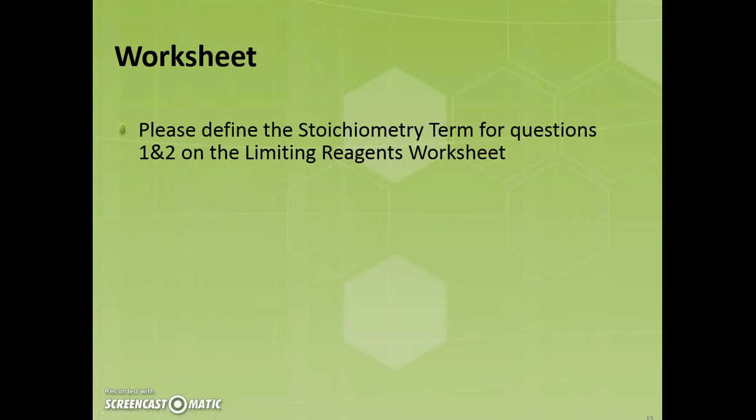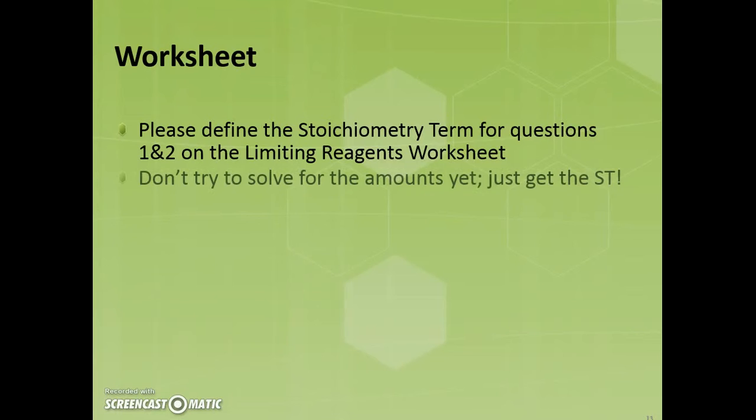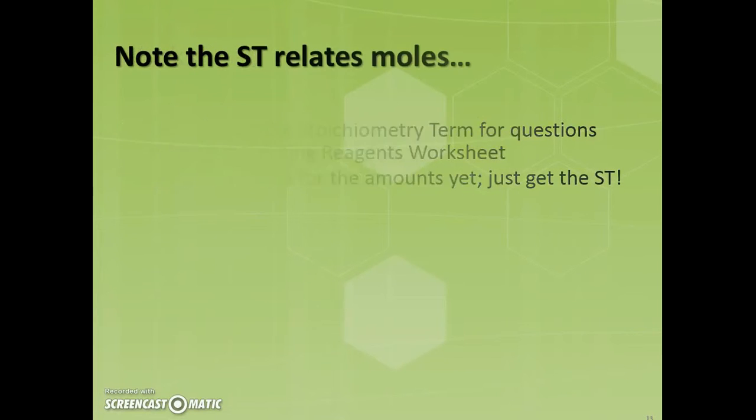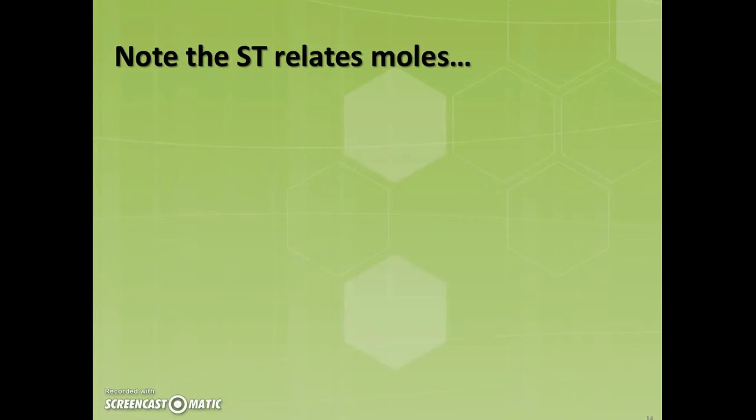Okay, welcome back. Hopefully now you've worked your way through the stoichiometry term questions on the limiting reagents worksheet, and you're a pro at relating numbers of molecules to numbers of molecules. Now what we'd like to do is apply these terms.